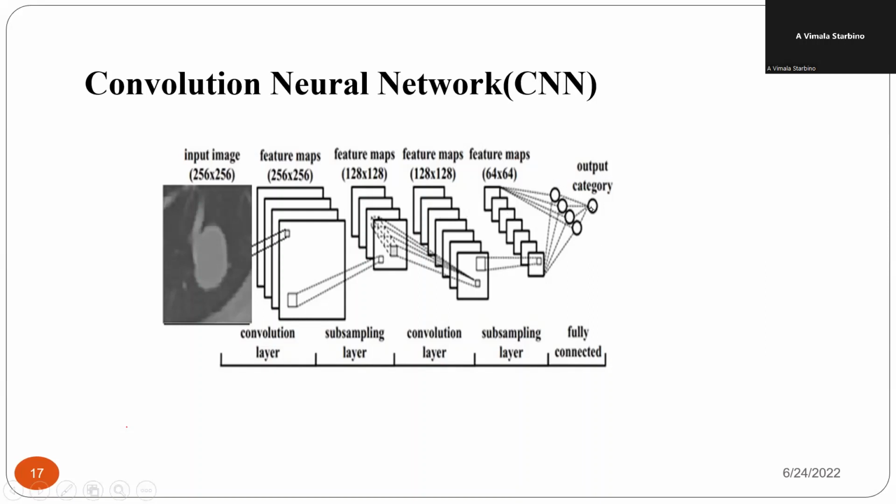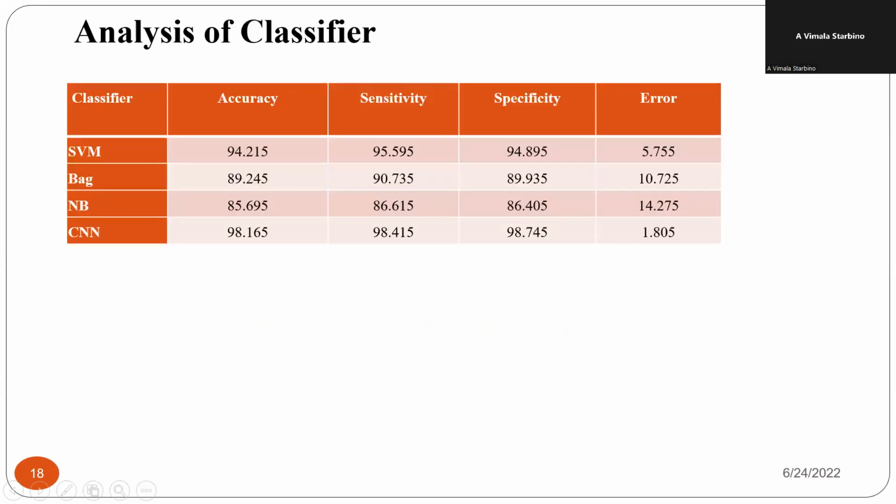And finally, it will find the category, whether it's malignant or benign. So this is the actual working of this CNN. These are the algorithms I've used for this classifier, and when compared to the others, CNN gives better results.